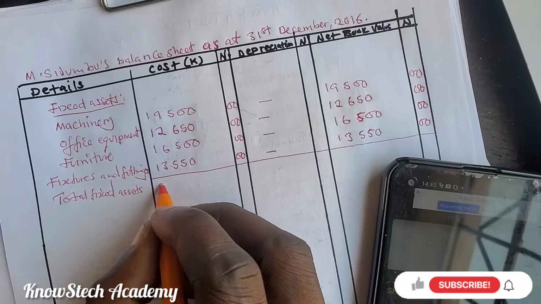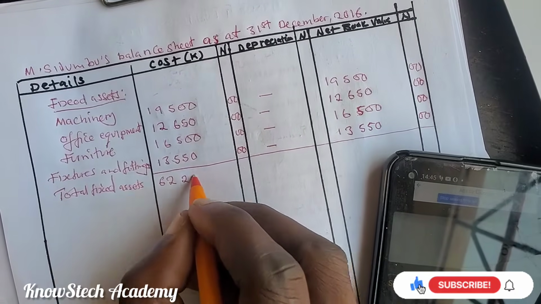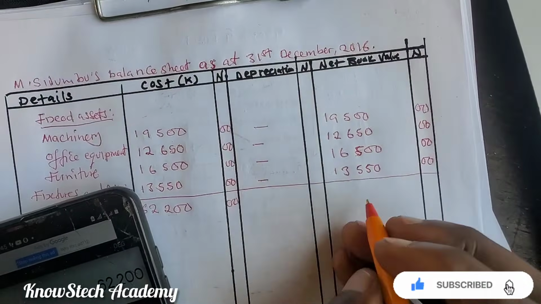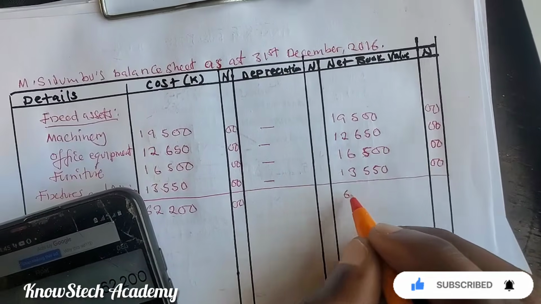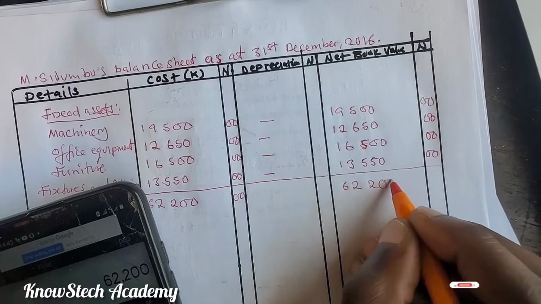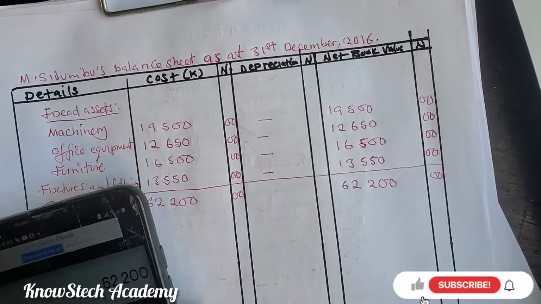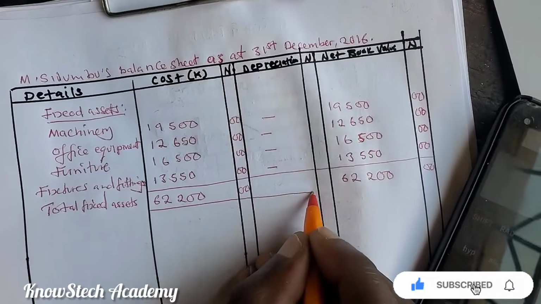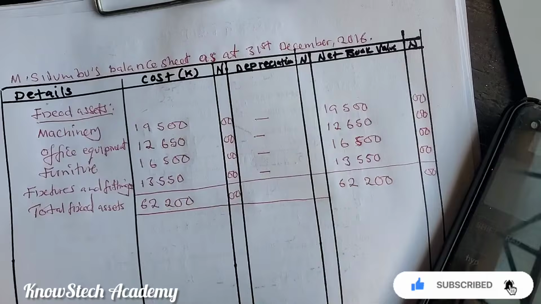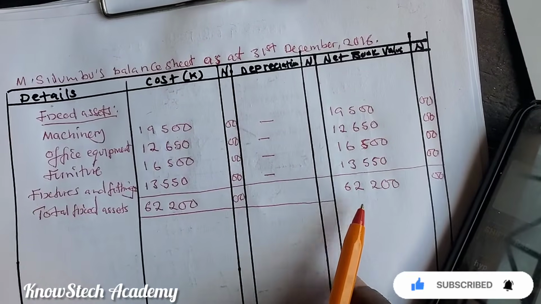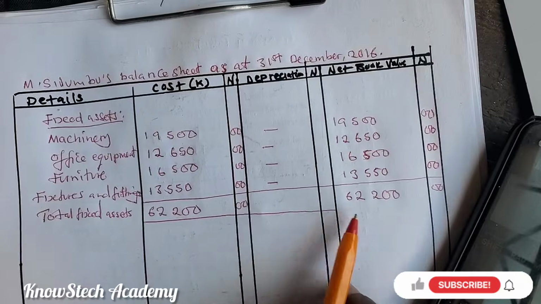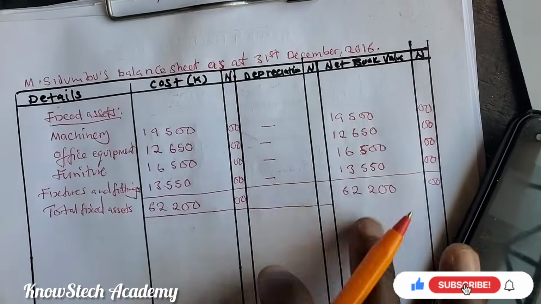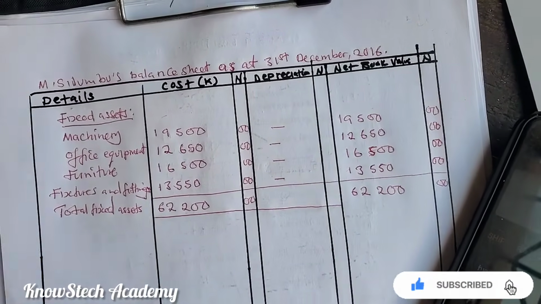So we write down here 62,200, 00 Ngwe. Then on the net book value, we write the same amount, 62,200. Then you draw a line up to this point, showing that we are still using this value here. We have not closed it, because we need to use this value somewhere.